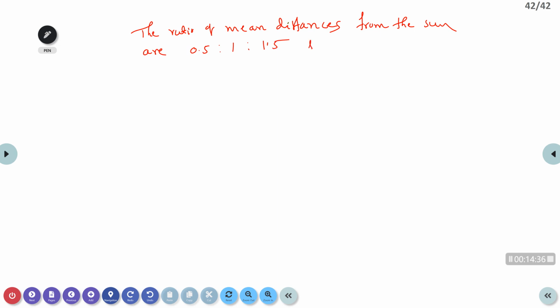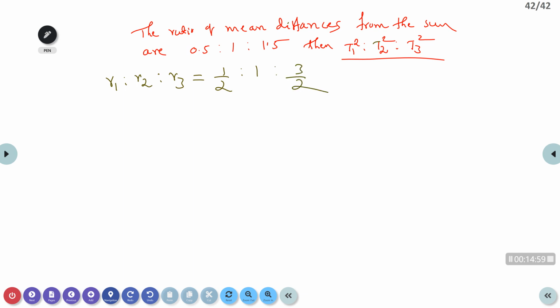Then find the ratio T1 square, T2 square, T3 square. You have to find this ratio. In this problem, R1 is to R2 is to R3 equals 0.5, nothing but 1 by 2, then 1 as it is, and 1.5, nothing but 3 by 2.